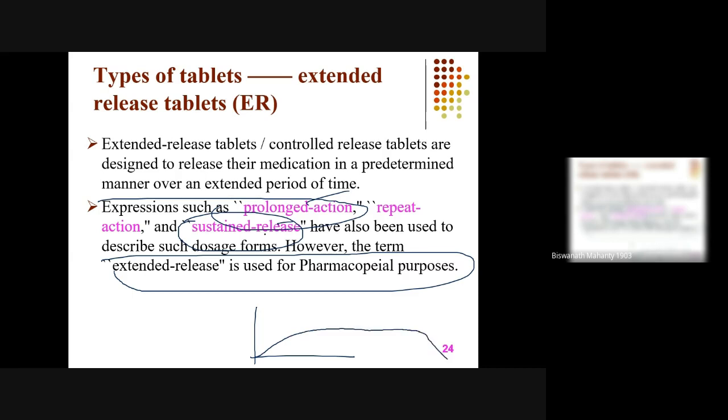Sustained release means the dissolution of the drug is very slow, so the drug concentration falls very slowly in your gastric fluid or intestine, and the drug is absorbed very slowly.